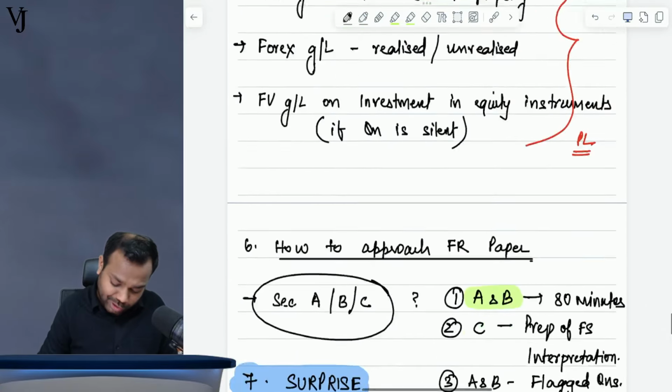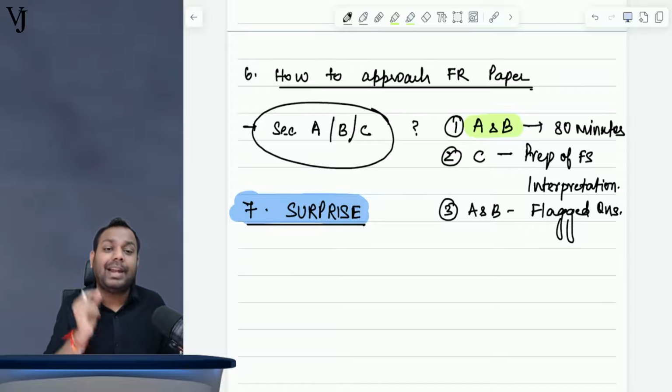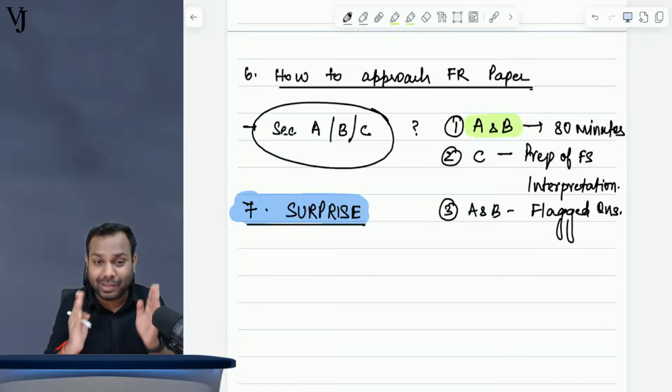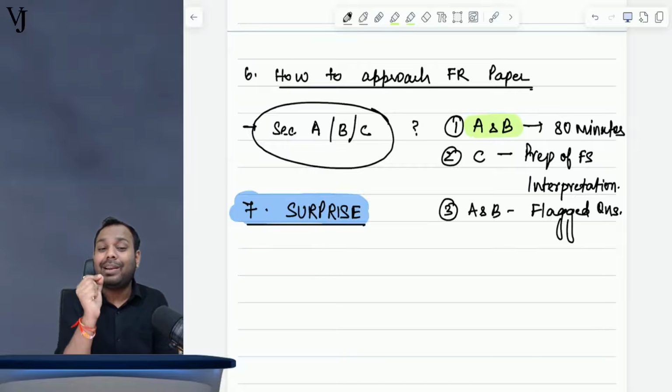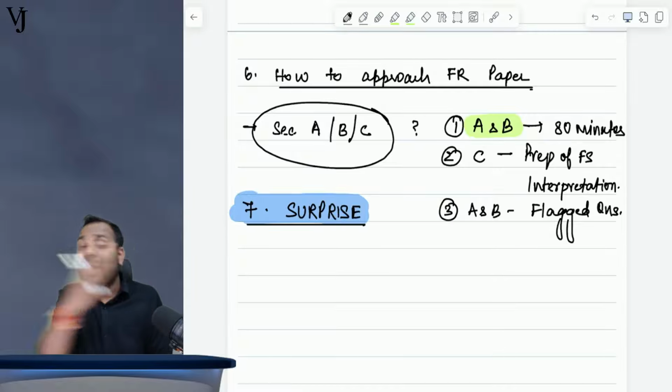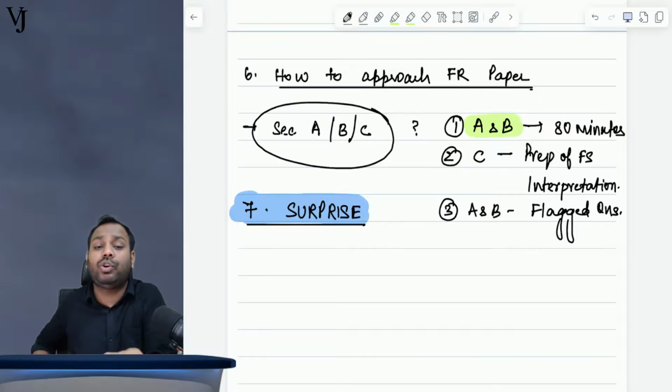Now comes the question, what is the surprise? I have made a list of the top 100 mistakes that you can make in ACCA FR. I will be uploading a video of that. Trust me, I have worked rigorously for this. It covers the entire syllabus, with a note of all the small mistakes and concept-based mistakes which you could make in the exam.